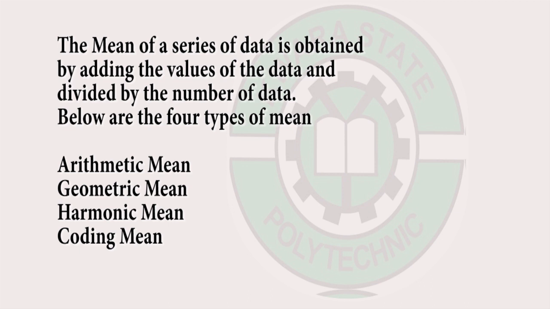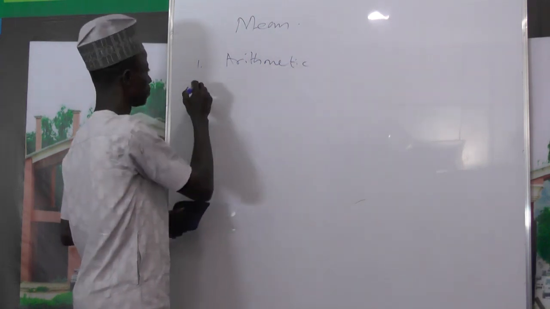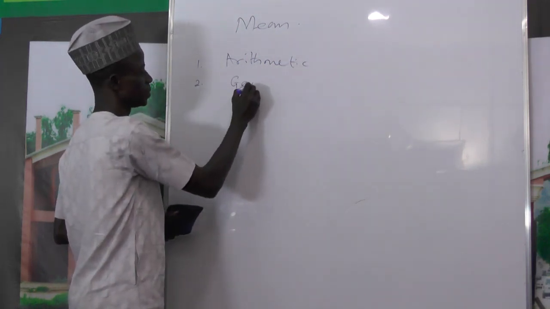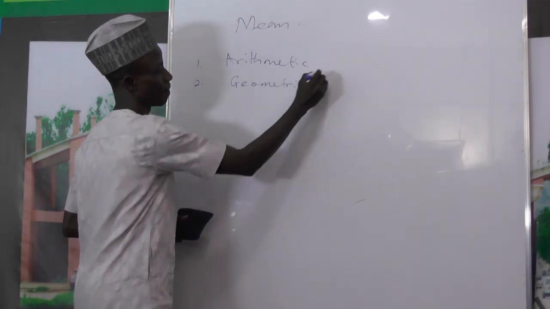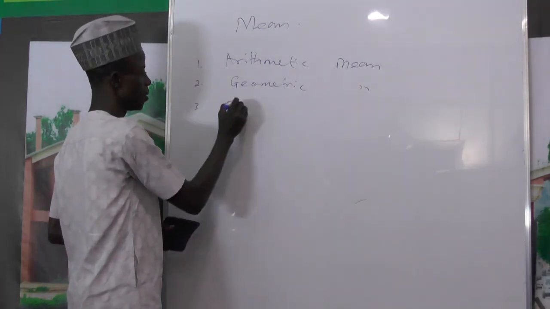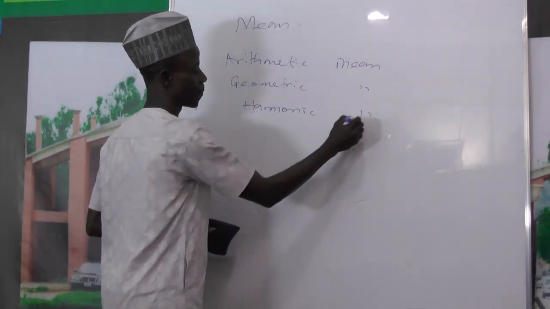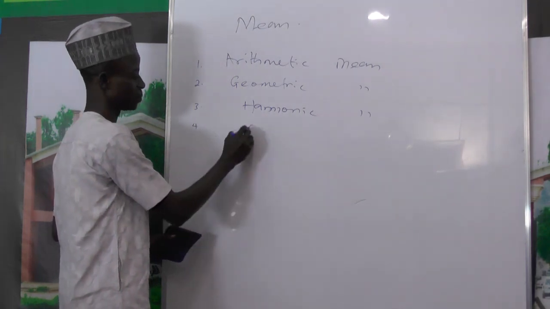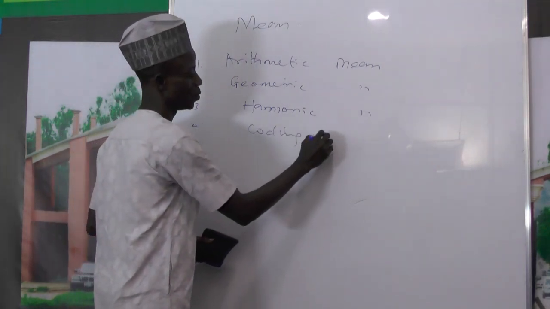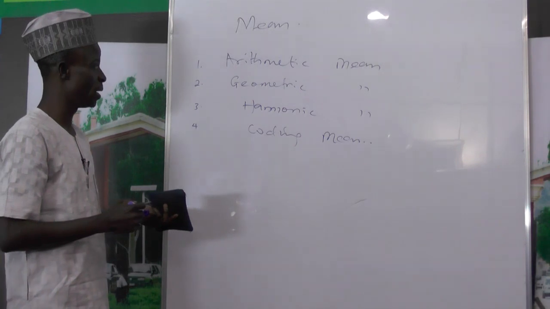Under the mean, we have the arithmetic mean, the geometric mean, then the harmonic mean, then the coding mean. So these are the four types of the mean that we have.